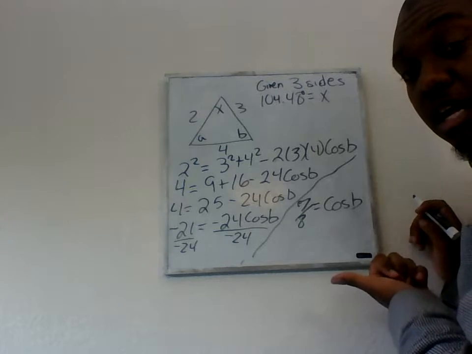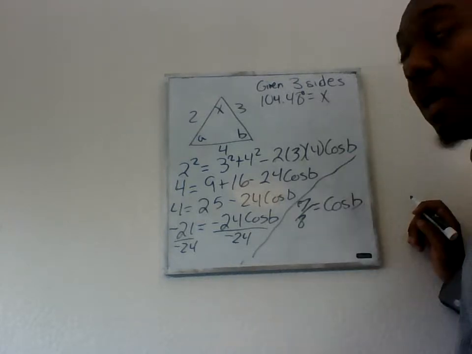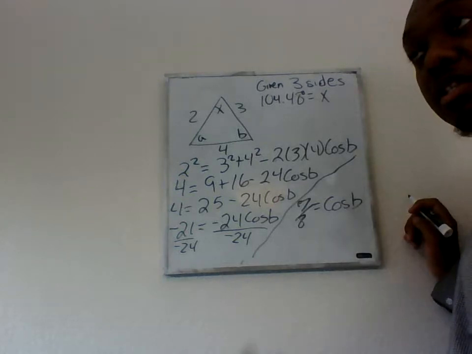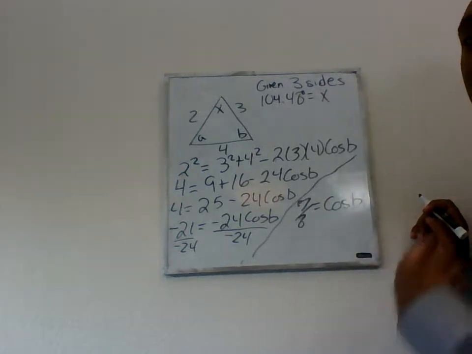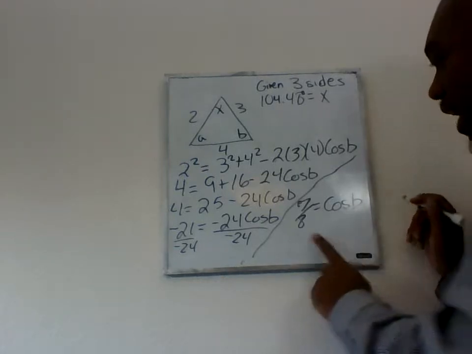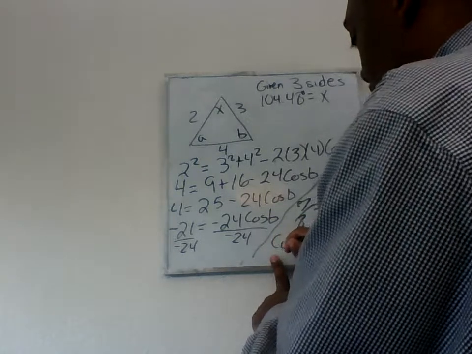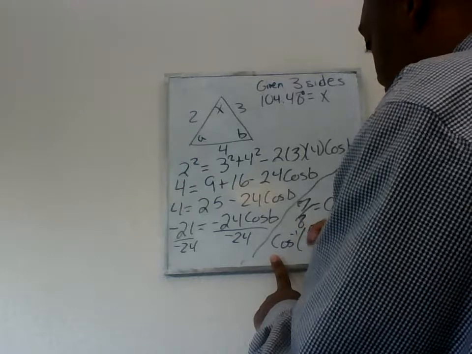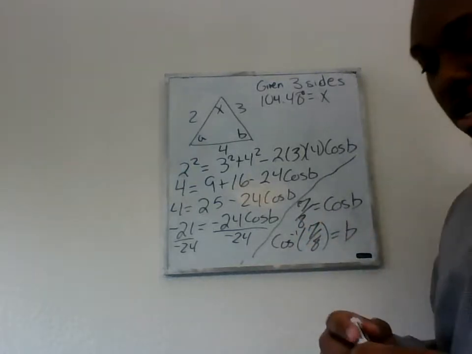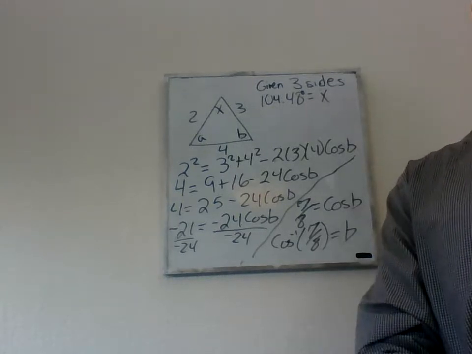To get rid of cosine, we have to do the inverse cosine, like we did when we were looking for the angles. Anytime you're looking for an angle, do the inverse. Every single time you're looking for an angle, do the inverse. So we end up with cosine inverse of 7/8 equals b. So let's see what we get when we do that.